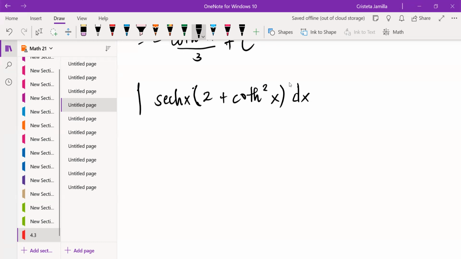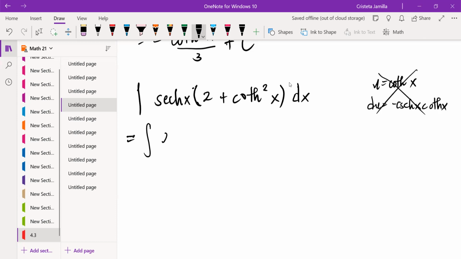So for this item, I think if we let u be hyperbolic cotangent of x, then du equals negative cosecant x cotangent x. But we can't find this in the function. So this is probably wrong. What we can do is to actually distribute the hyperbolic secant.